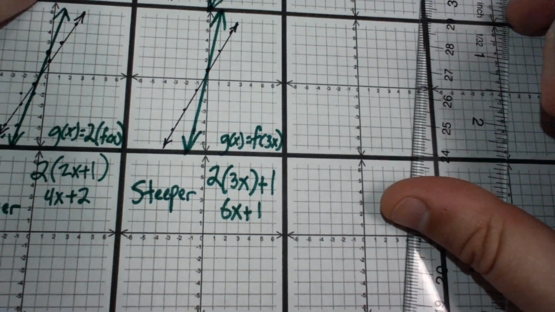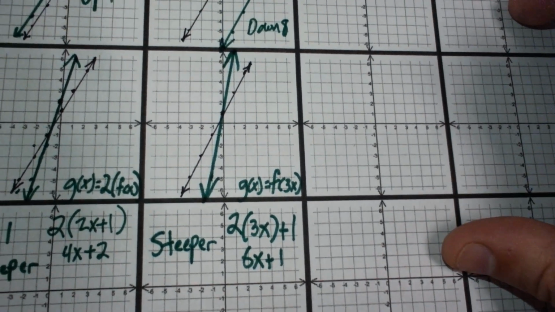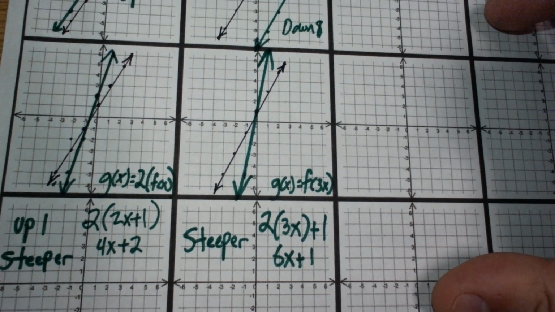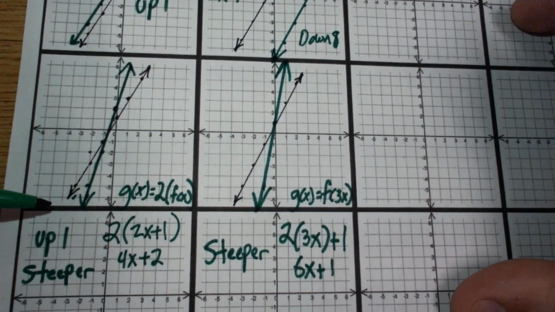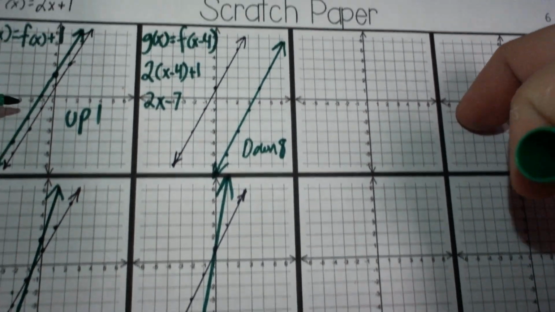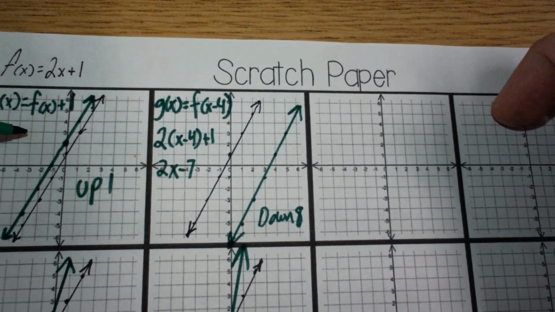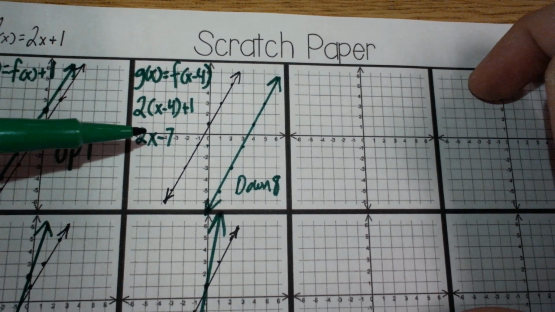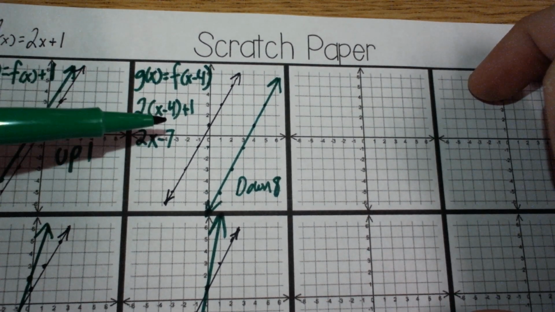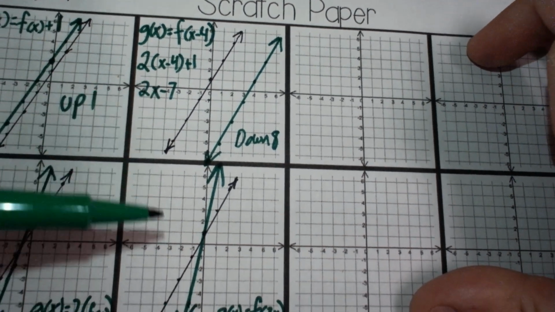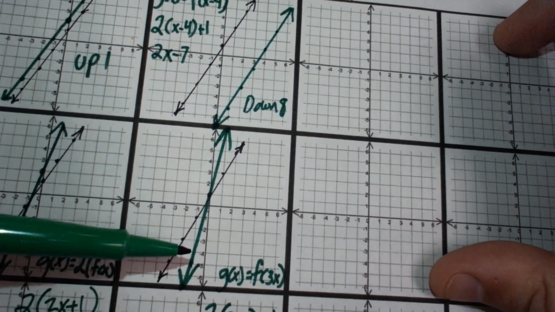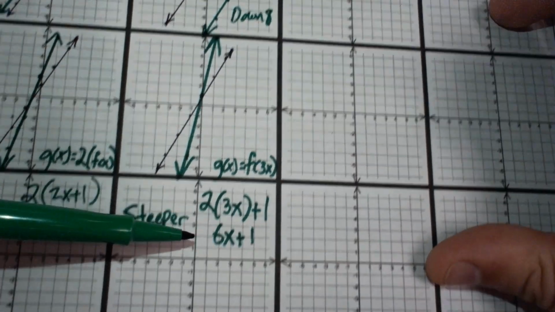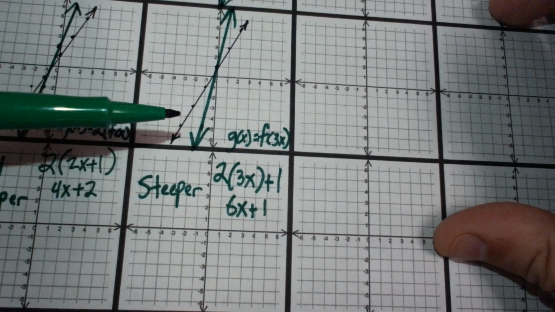So when we're looking at these changes, notice that multiplying the whole function by something is really the only thing that changes it in multiple ways. Adding something to the whole function just shifts it up or down, as does adding something to the x. Then multiplying by just the x is only going to change my slope.